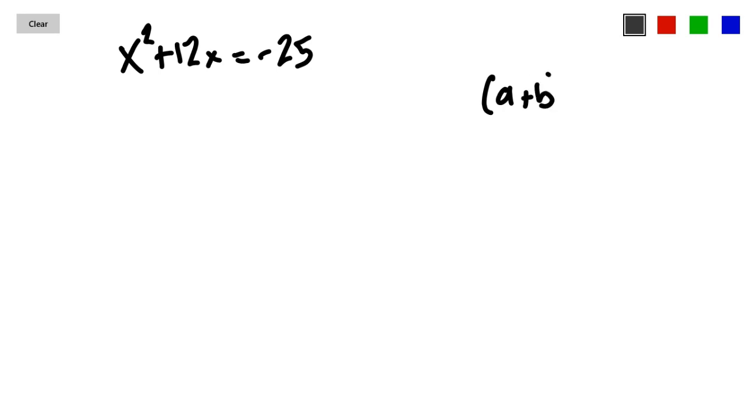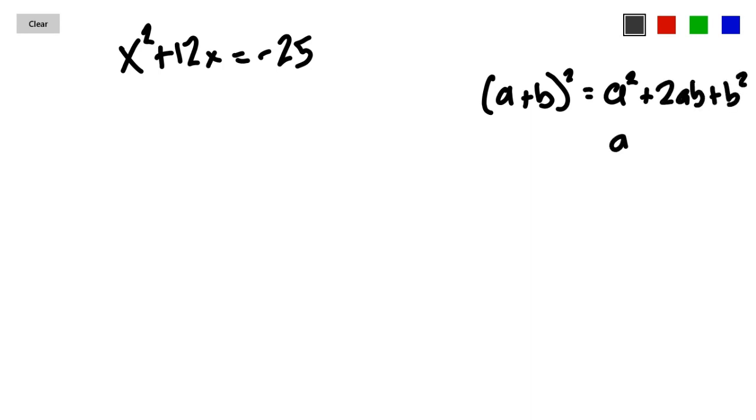So I'm going to rewrite this. So I got x squared plus 12x is equal to negative 25. And so we have to do a little bit of creativity here. So recall that if I have some sort of binomial expansion and I square it, this is equal to a squared plus 2ab plus b squared.